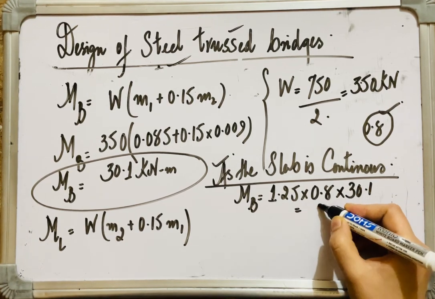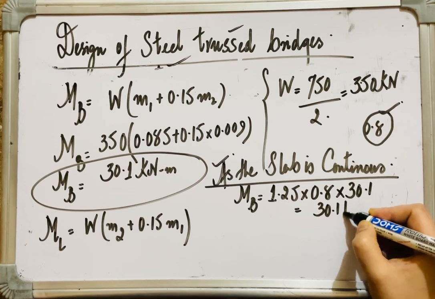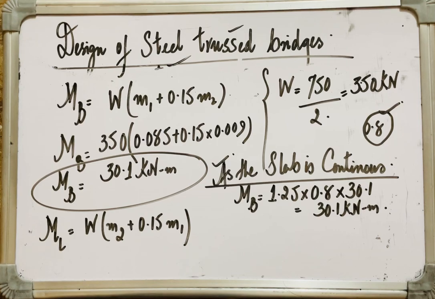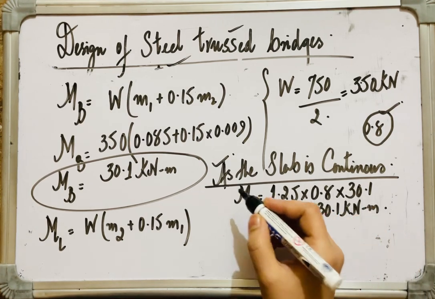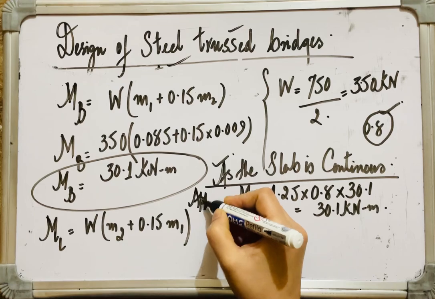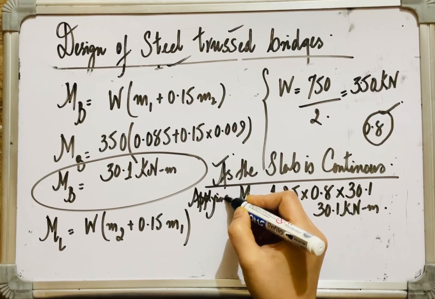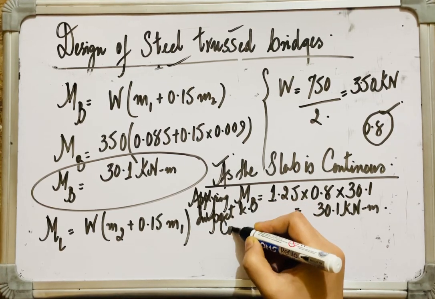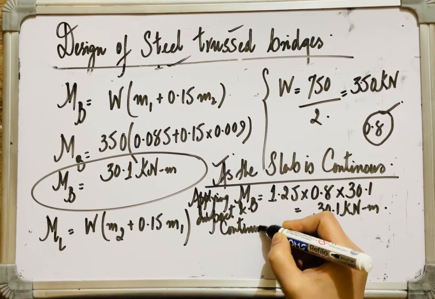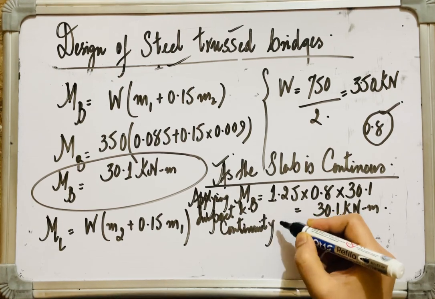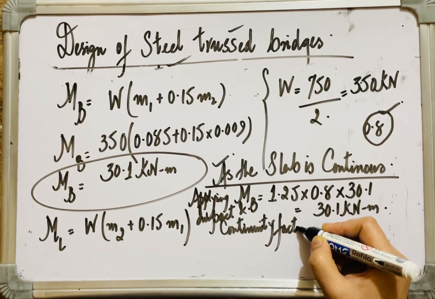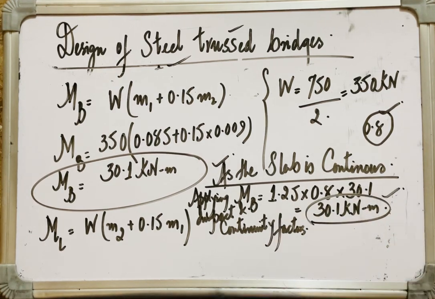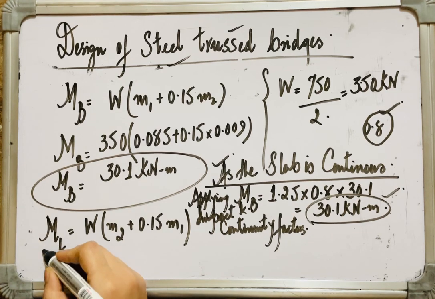So it will be equal to, by calculations, 30.1 kilonewton meter, after applying both impact and continuity factors. You may write here applying impact and continuity factors. All right, bending moment along the short span is 30.1 kilonewton meter.